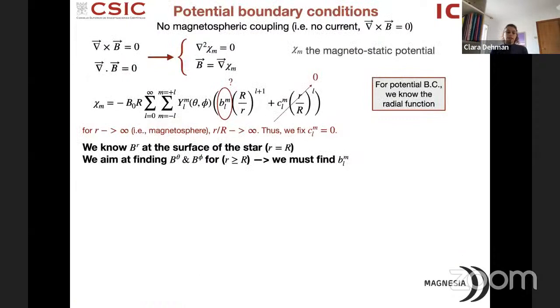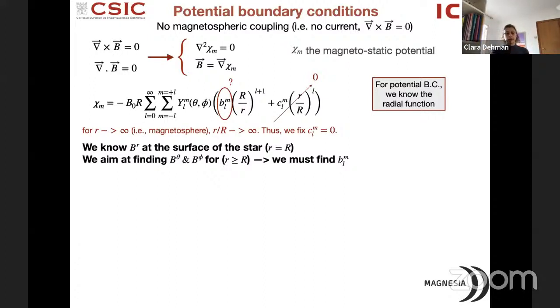Okay, last piece, and then we can move to the results section. The potential boundary condition. Outside our neutron star there is the magnetosphere, but at this level we are not coupling our code with any magnetosphere, and we are considering that there is no current circulating outside our star.